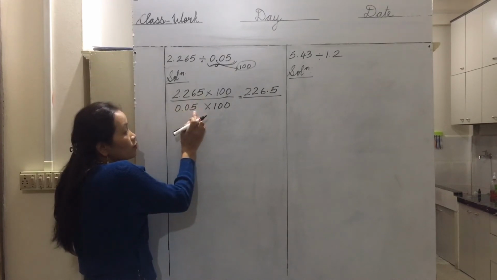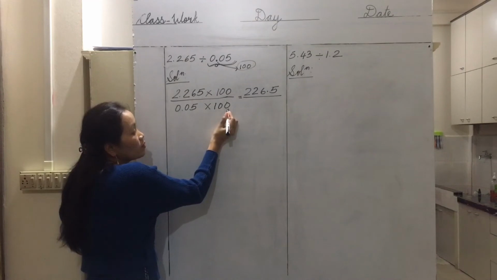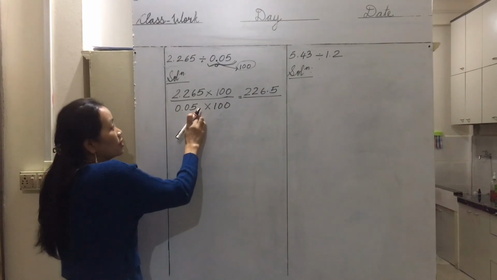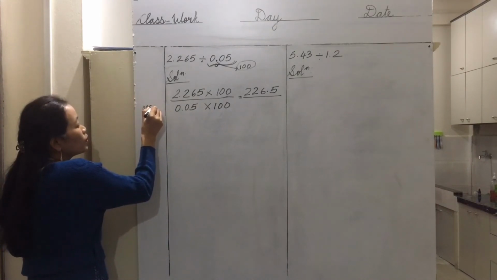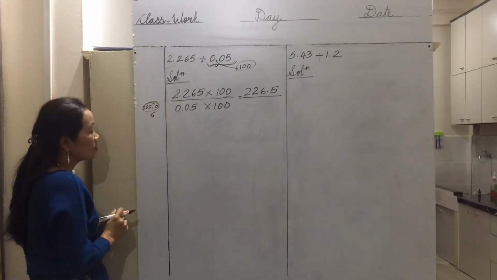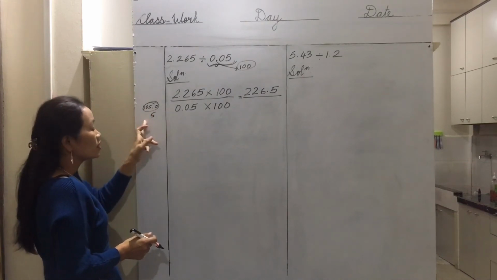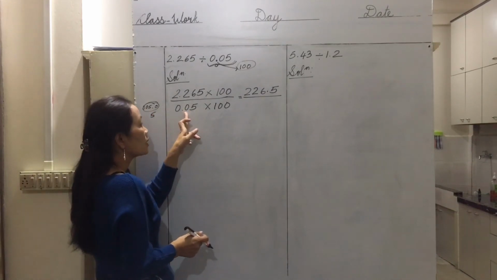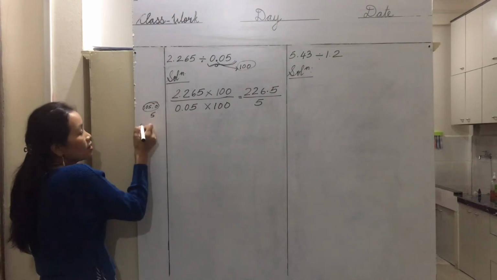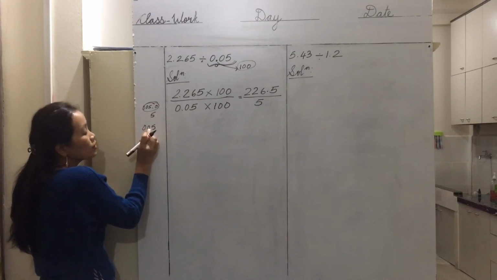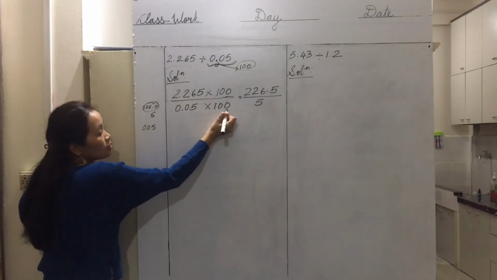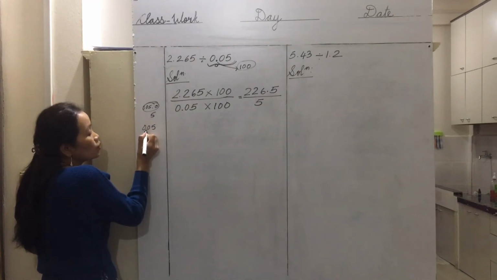So 0.05 multiplied by 100, the point moves 2 steps to the right, 1 2, and we get 005. 5.0 is the same with 5, and 005 is the same with 5. The point was here, right?